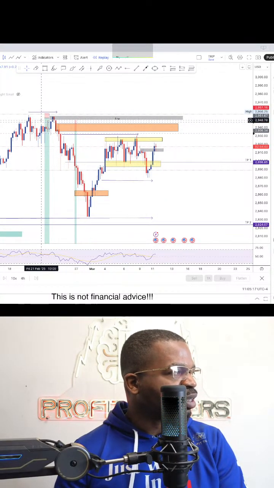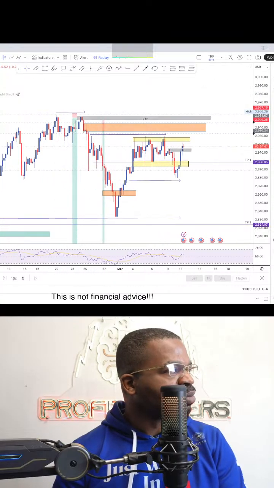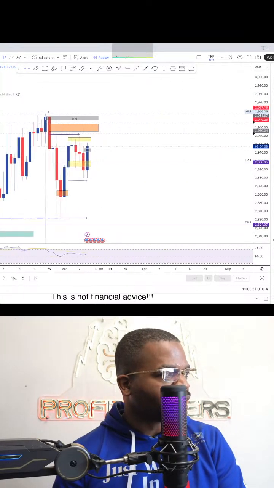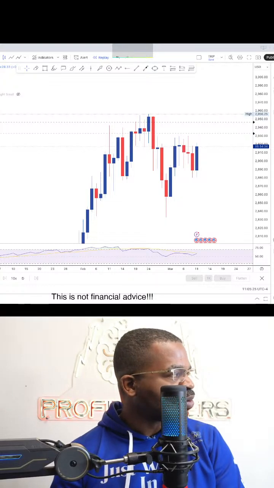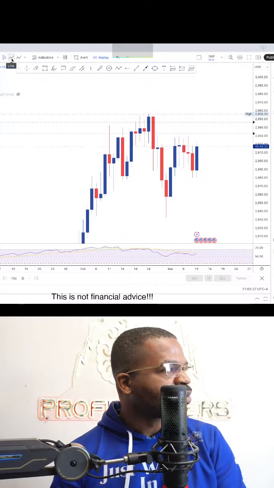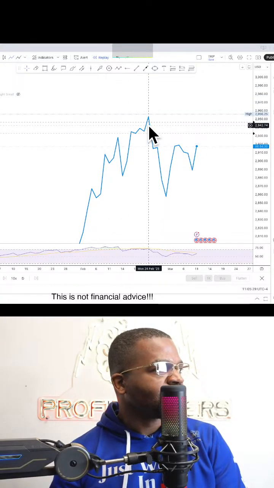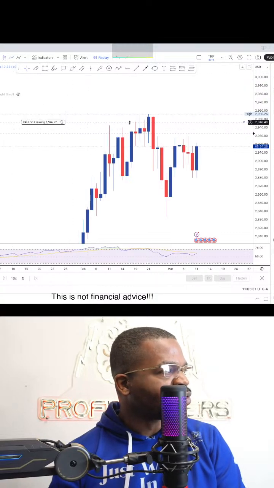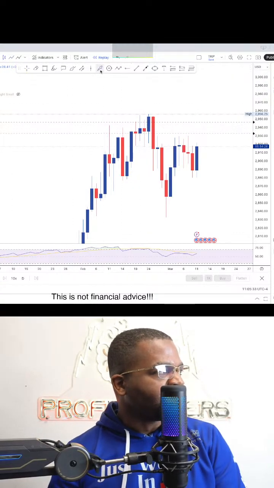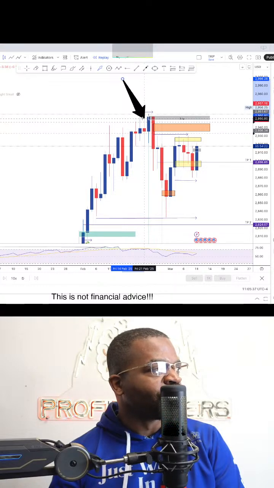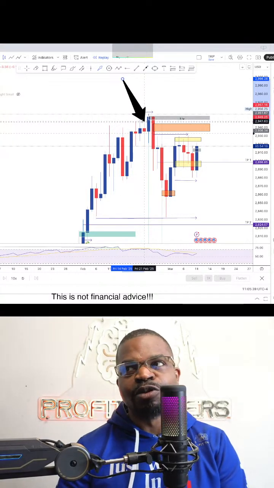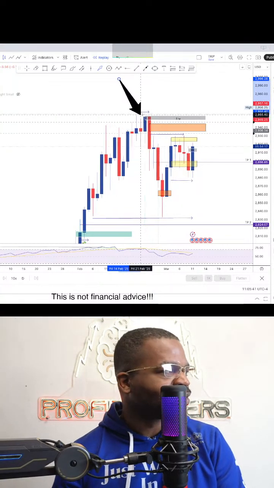Now right above it on the daily time frame, I noticed that we have a double top up here that hasn't been retested. I'll get that stuff out the way and show you on the line chart. So right here we got that reversal pattern. For whatever reason, the line charts don't show the wick, but that is still a part of price movement. So we got this double top at the highs.